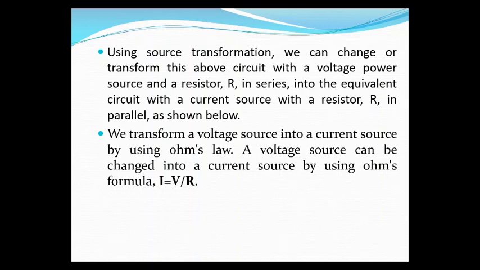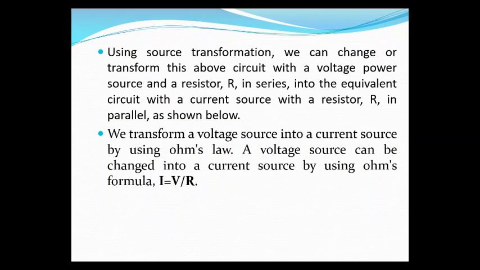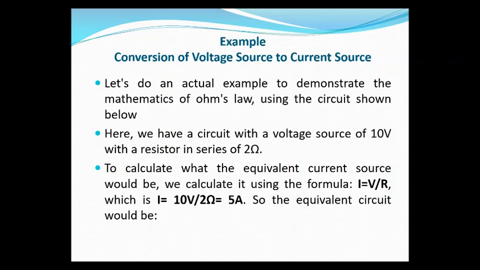We transform a voltage source into a current source by using Ohm's law, that is I is equal to V by R. See here, I is equal to V by R, and the current source is in parallel with the resistance. So that is the conversion of voltage source to current source.